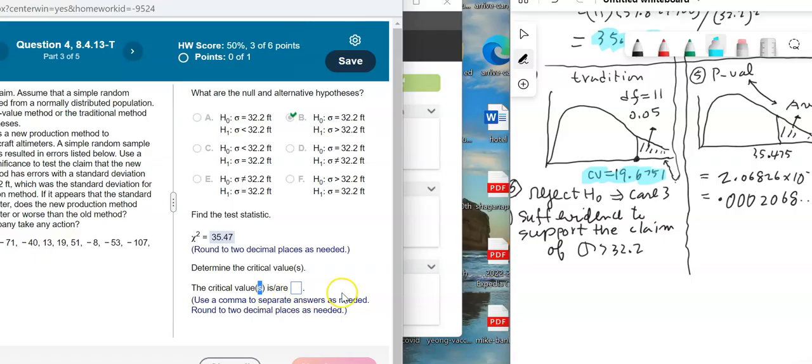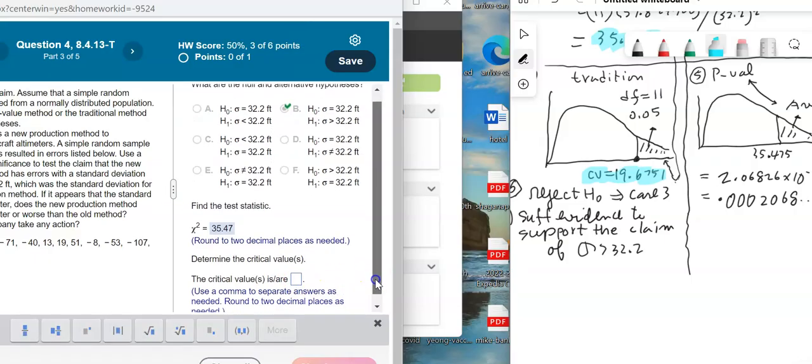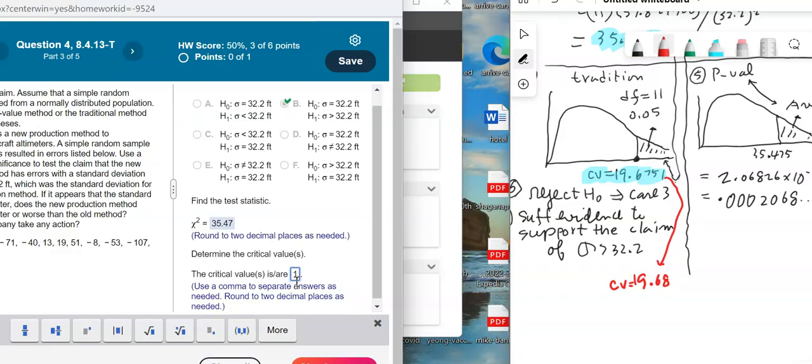But this time it is just a right tail, so you just need 1. Round to 2 decimals. The critical value is 19.68.